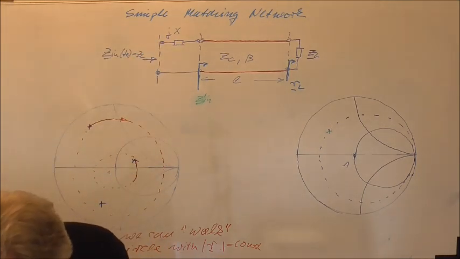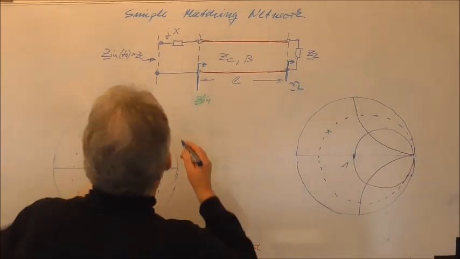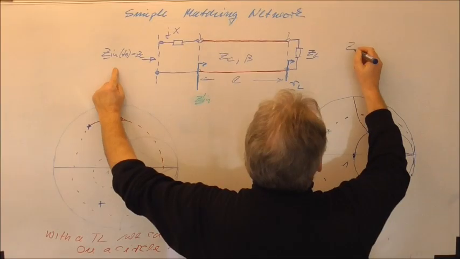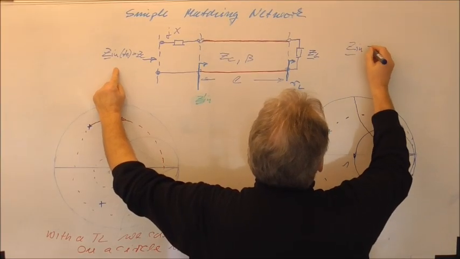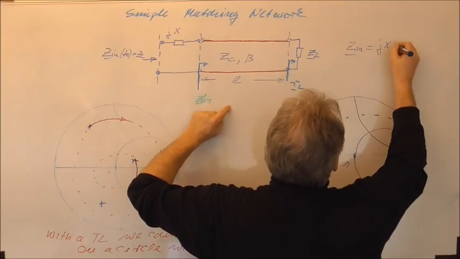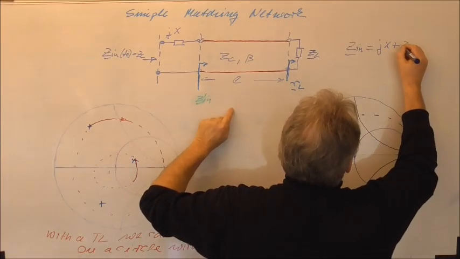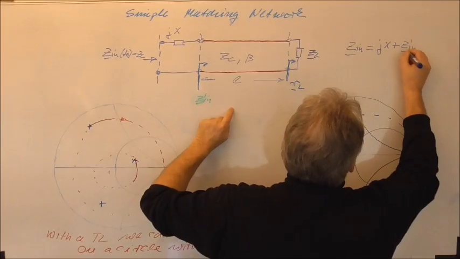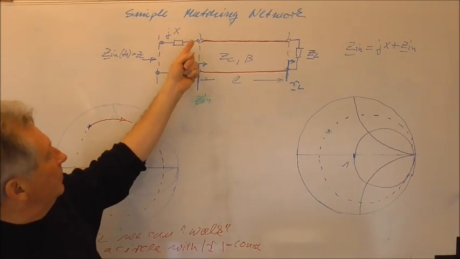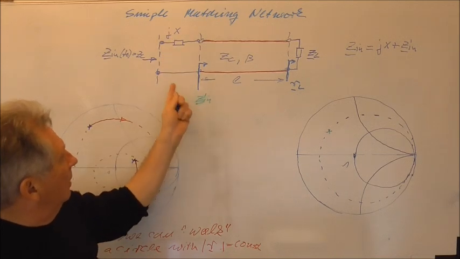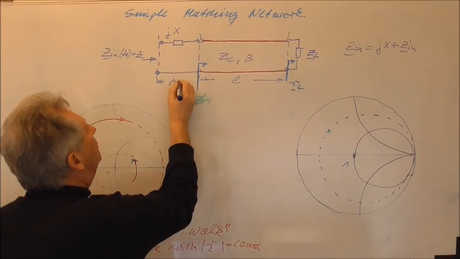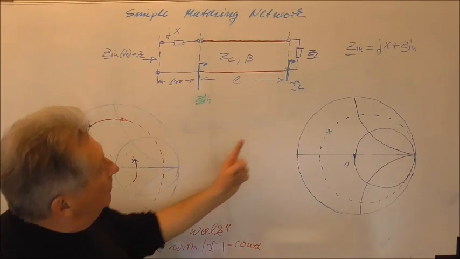For the input Z_in, we would have jX plus Z_in prime. So we have here a series connected element. This is connected in series to the transmission line. It has no physical length, so it's 0 here because it's a lumped element.